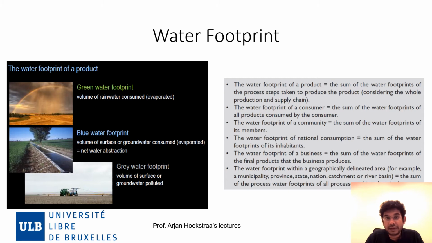Water footprint is basically a measure of human appropriation of freshwater resources. It could be the green water footprint, which is the volume of rainwater that is consumed and evaporated during, let's say, crop production.